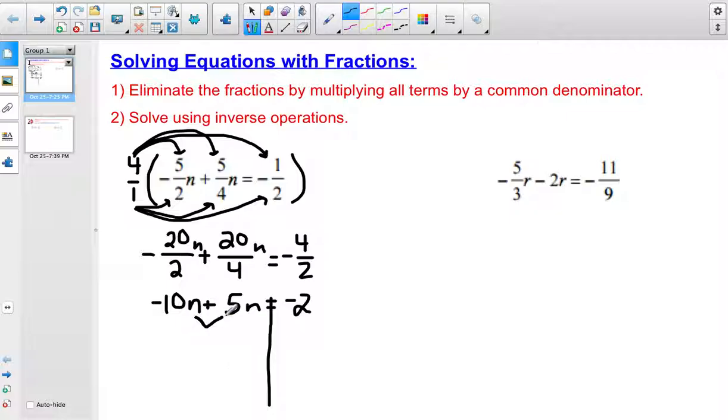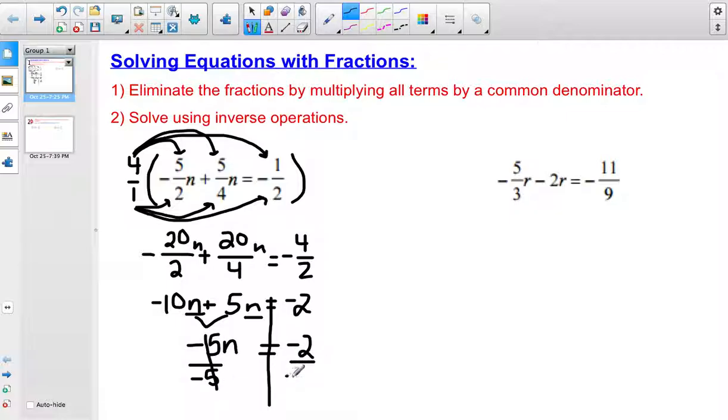I'm going to combine these terms because they both have an n, so they are like terms. A negative 10 plus 5 equals negative 5n. And it's all equal to negative 2. My last step is to divide by the number that is still with my variable so that I can cancel it out.